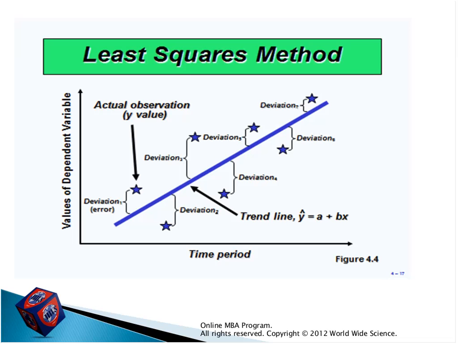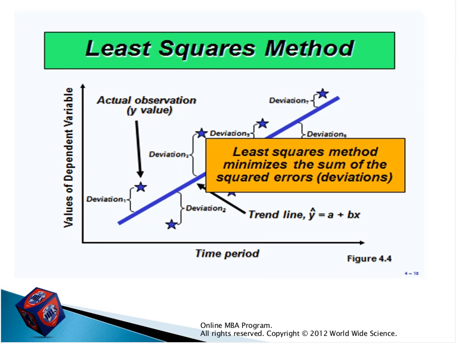Okay. Now we want to calculate A and B that I told you. This yellow dialog tells that the least square method, or regression method, minimizes the sum of the squared error or deviation. Error and deviation are the same.